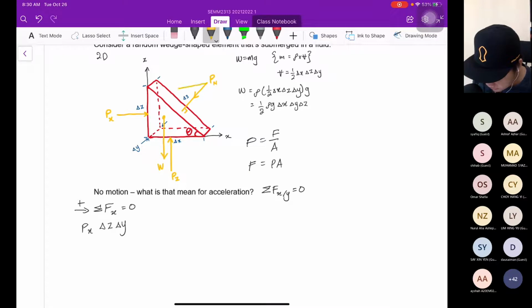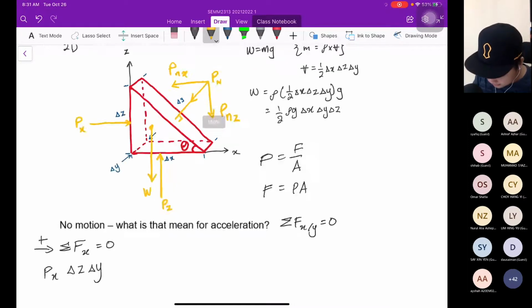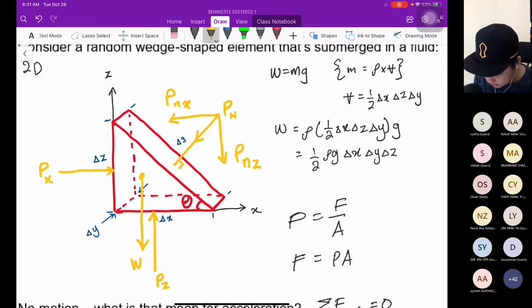We can do the X direction. So this is P in X, and this is P in Z. All right. So this angle theta belongs to where? Here, here, or here? 1 or 2?